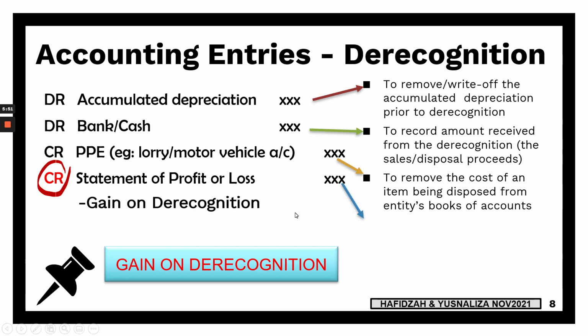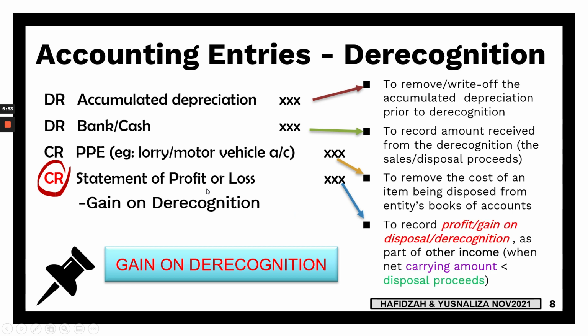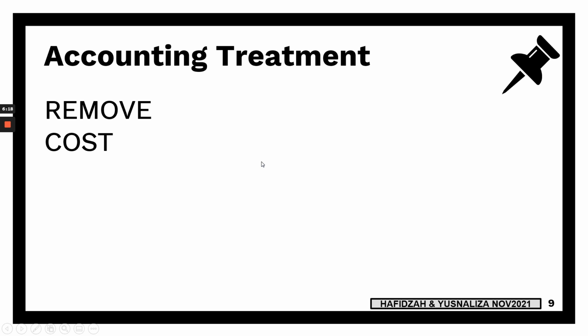So the gain on derecognition or gain on disposal is recorded in the statement of profit or loss under other income. That would happen if the net carrying amount is less than the disposal proceeds, meaning that you receive more from the other party that bought your PPE as compared to the carrying amount of the asset itself.